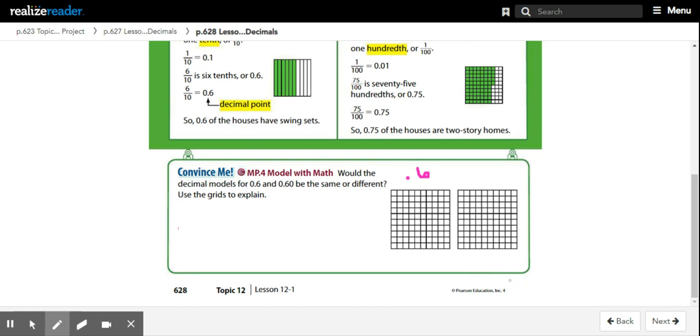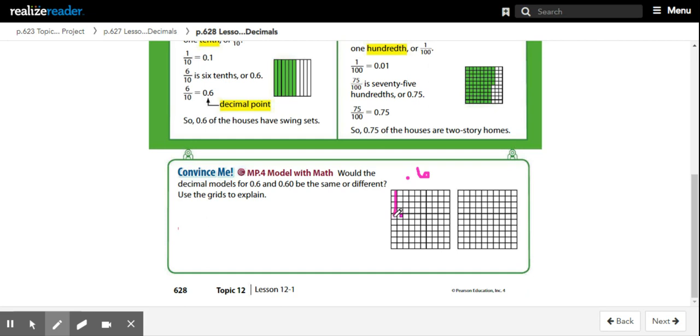Hopefully you agree with me and you're saying that I'm looking at the bars because there would be 10 tenths in this 100 grid. Okay, I want to color in 6 of them.